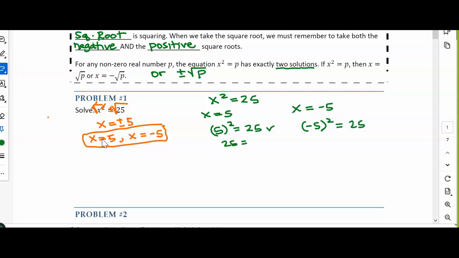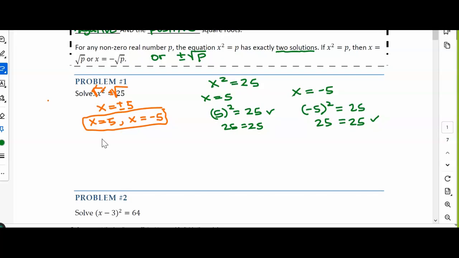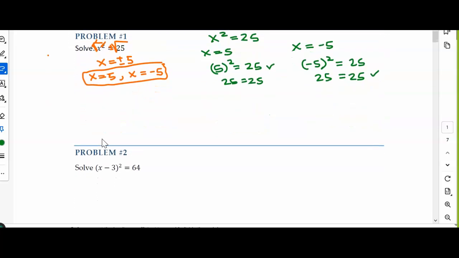So negative 5 times negative 5 is positive 25. And so both of those check out. There are two different ways that we can end up with positive 25 as an answer: if we square 5 or if we square negative 5. So that's why we end up with those two answers.